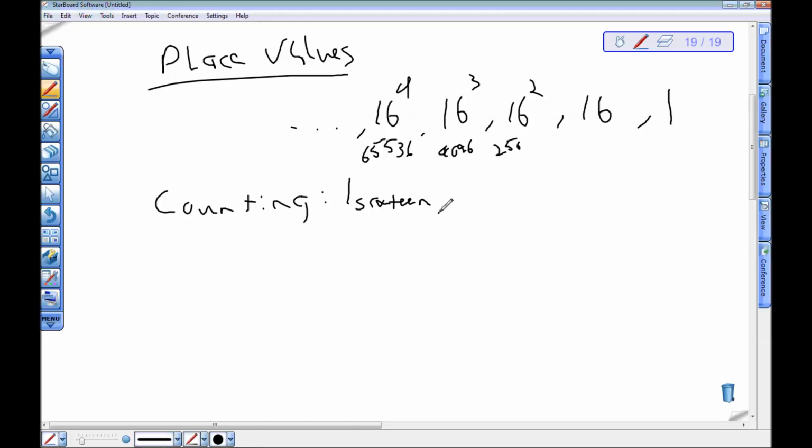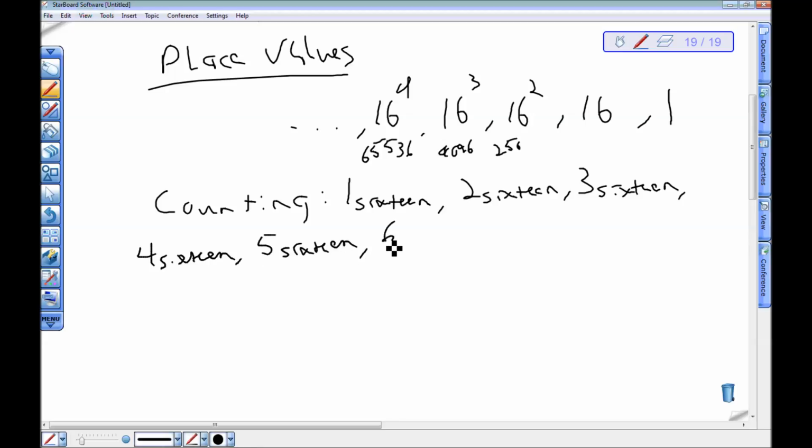I represent that as 1 base 16, of course. 2 is 2 base 16. 3 is 3 base 16. 4 is 4 base 16. 5 is 5 base 16. 6 is 6 base 16. 7 is 7 base 16. 8 is 8 base 16. 9 is 9 base 16.